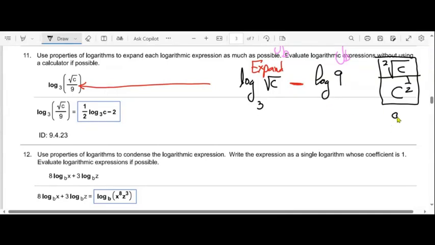If I say square root of 9, how much is square root of 9? 3. What if I say 9 to the power of half? How much? Do it on the calculator and tell me how much.